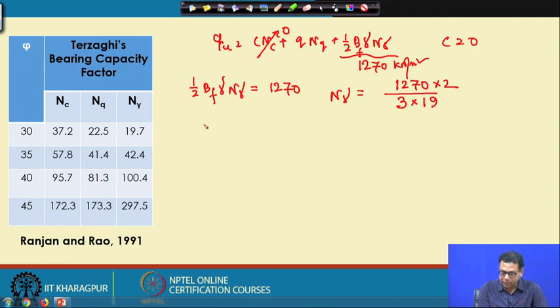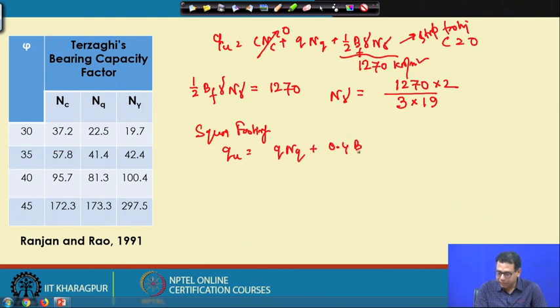As it is a square footing, the half is for the plane strain, for the strip footing. So, as this is for the square footing, my QU is qNq plus 0.4 B gamma N gamma.